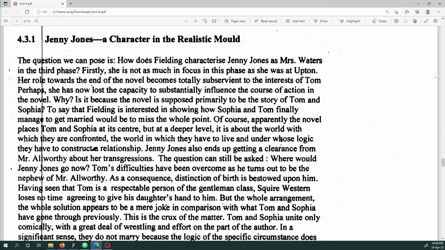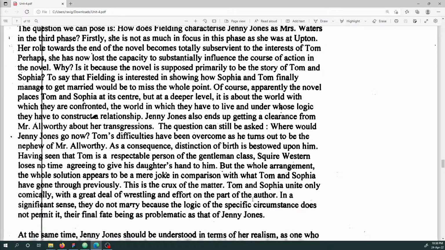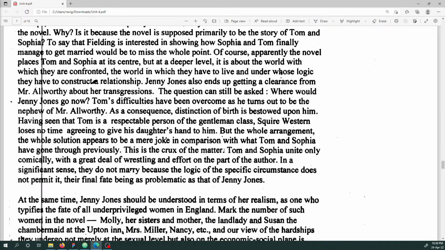But the whole arrangement, the whole solution appears to be a mere joke in comparison with what Tom and Sophia have gone through previously. This is the crux of the matter. Tom and Sophia unite only comically, with a great deal of wrestling and effort on the part of the author.